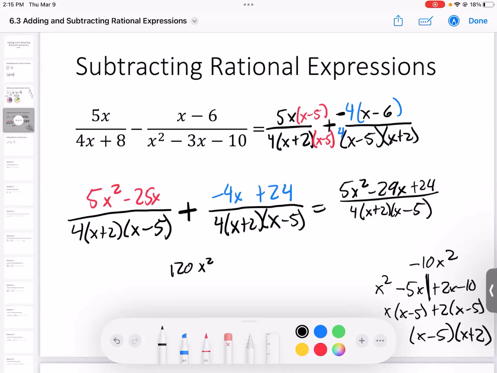It's 6 and 20. But those don't add up to... Say it again. Negative 24. Oh, that's convenient that it was the ones that we had before.